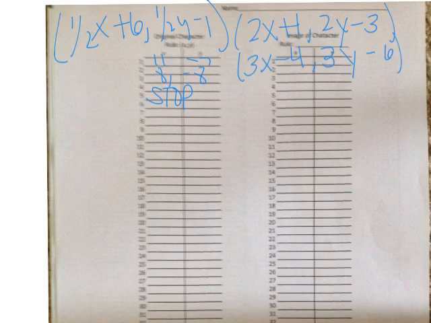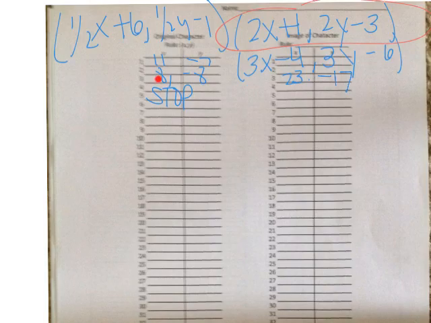Then what you'll do is you'll take those points and you'll plug them in. So let's say we're using this one right here, okay? So you're going to do 2 times 11, which is 22, plus 1, which is 23. So your first point here is 23. And then you go over and you do negative 7 times 2, which is negative 14, and then negative 14 minus 3, which is negative 17.